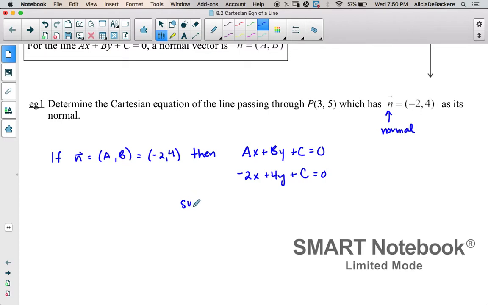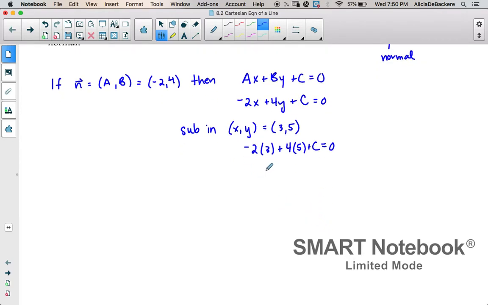So here we're given the point 3, 5, so I'm going to sub that in for the x and the y, and then I'll just be left to solve for c. And so I've got -6 plus 20, so 14 plus c equals 0, and then I can solve for c.